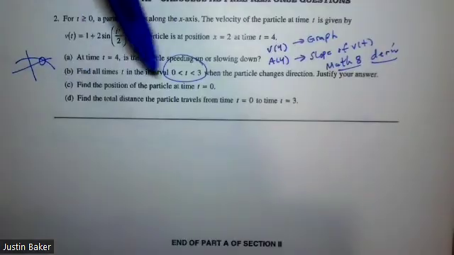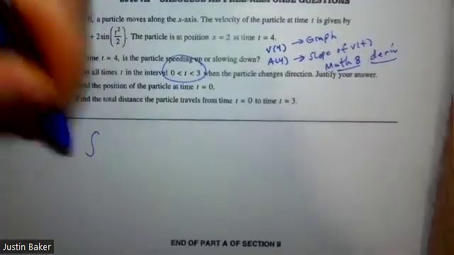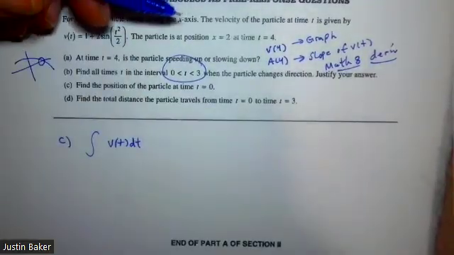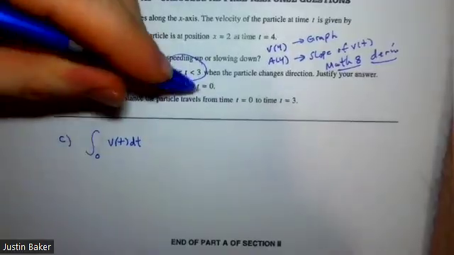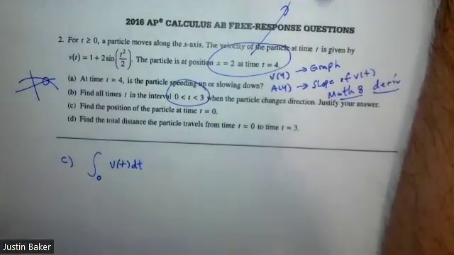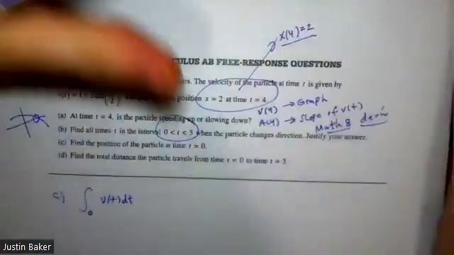C, find the position of the particle at t equals 0. To find position, we are going to integrate the velocity from a bound we know and a bound we want. It asks us at 0, and up here, that statement, x at time 4, that's like saying x of 4 is equal to 2.